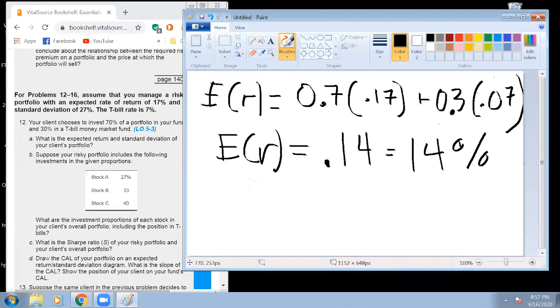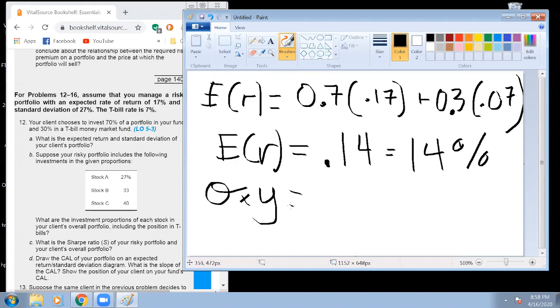Okay, so now we have to calculate the standard deviation of the portfolio, which is even easier to do here. We have the standard deviation times the weight in the risky portfolio. Because for the risk-free rate, the standard deviation is going to be 0, so the proportion invested in that asset will have no standard deviation. There's no need to actually do the calculations there; it'll be zeroed out.